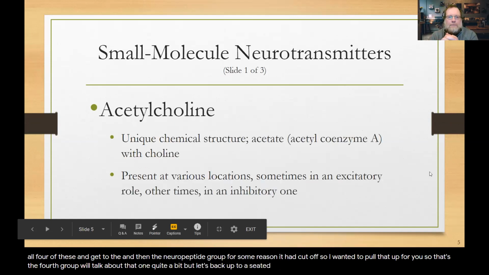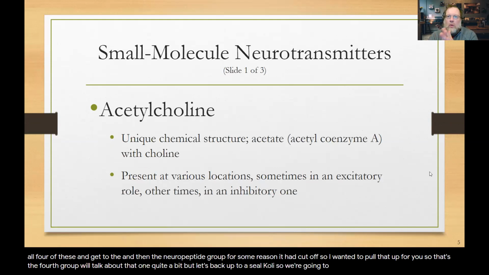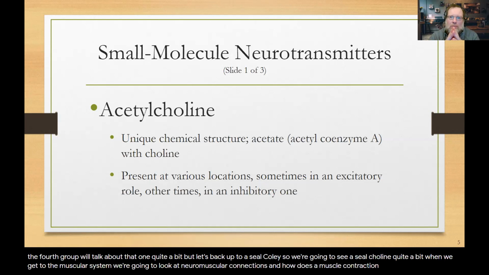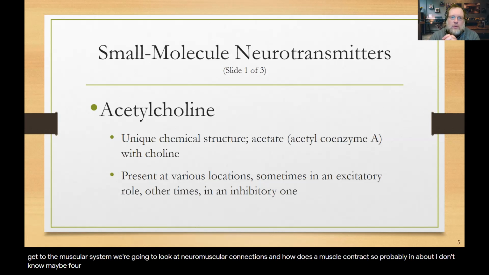So we're going to see acetylcholine quite a bit when we get to the muscular system. We're going to look at neuromuscular connections and how a muscle contracts. So probably in about, I don't know, maybe 4 weeks from now, this one will pop up again. It has a unique chemical structure.